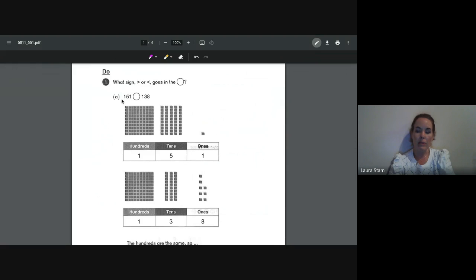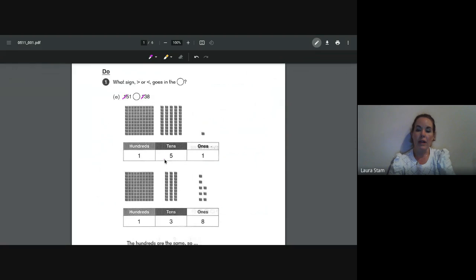All right, so when we're looking at 151 and 138, we can see that they both have 1 hundred. So this doesn't help us. What I like to do is cross it out so that I know that I've looked at those and they aren't going to help me. So the next thing we do is we go to the next largest place value, which in this case would be the tens.